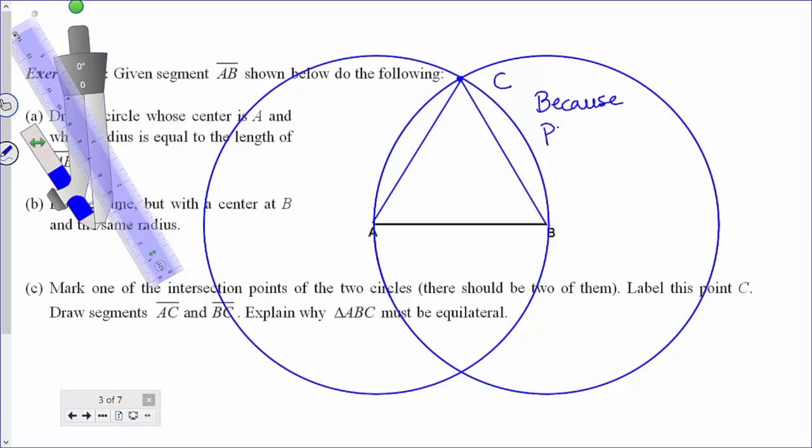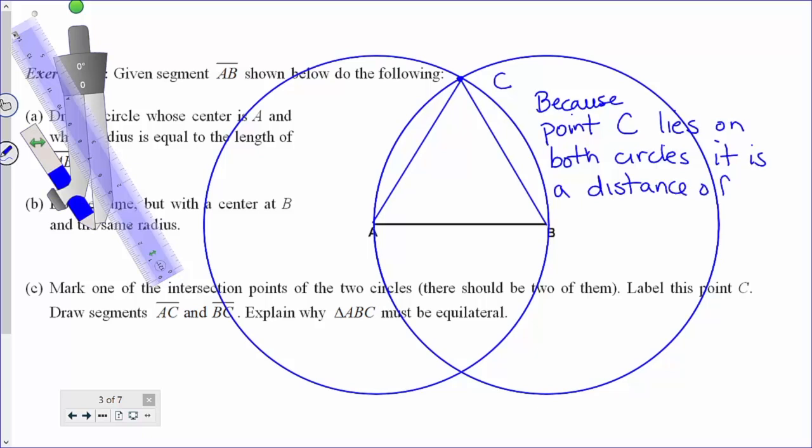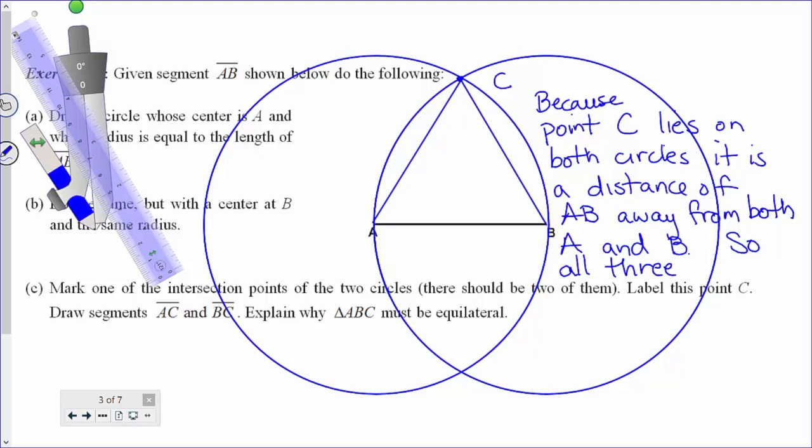Because point C lies on both circles, it is a distance of AB away from both A and B. So all three sides have the same length, right? All three sides have the same length.